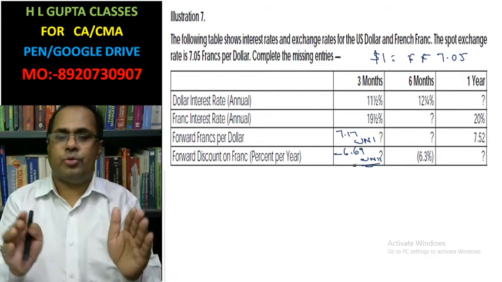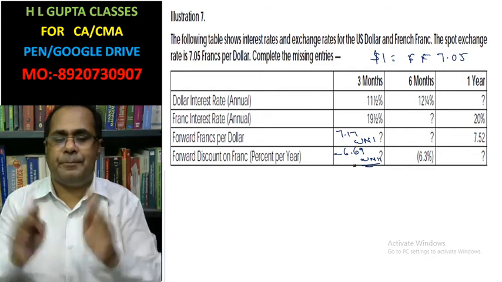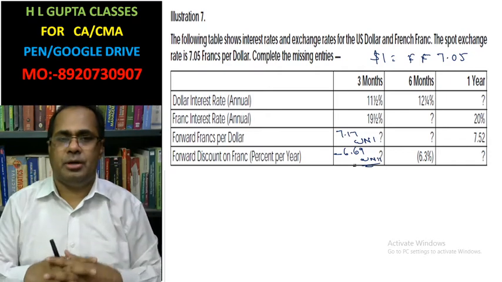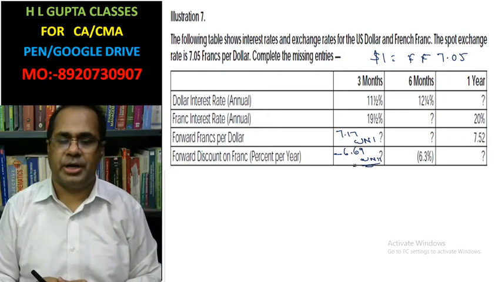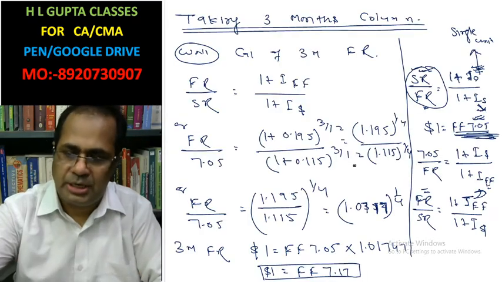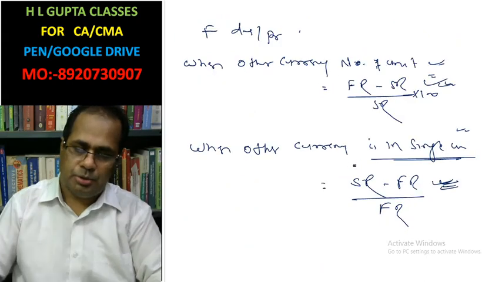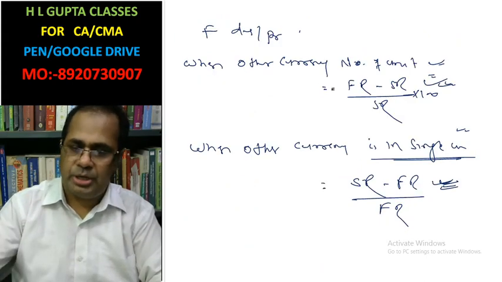Now from working note 1 and working note 2, you have calculated the 3 month data. Now for the 6 month data, you have to calculate it. For 6 month data, you have to keep this formula in mind.